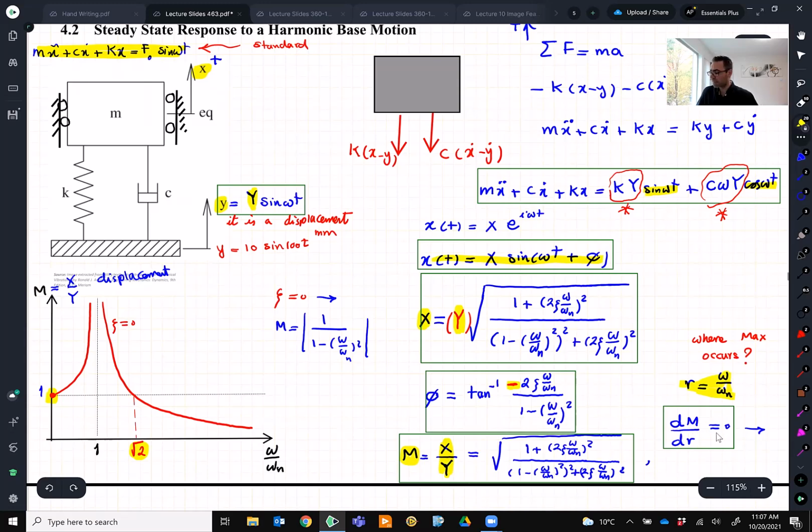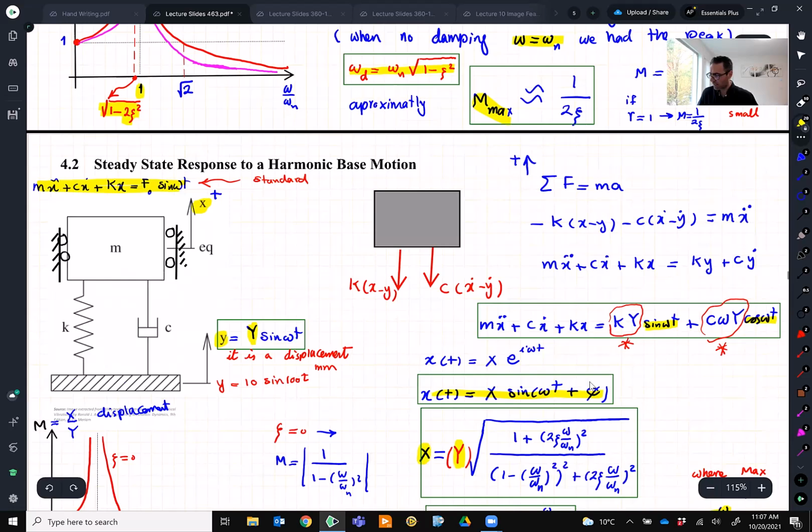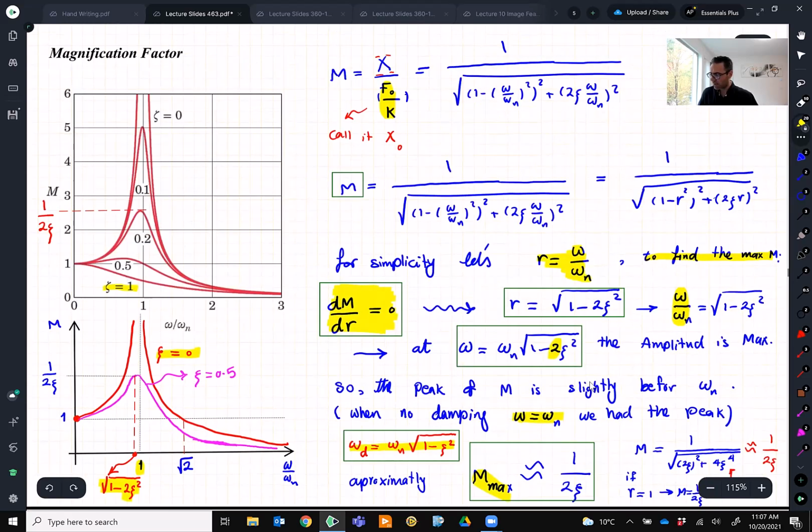So we take the derivative, set it to 0. We did it for the previous scenario, right? Over here. Again, to refresh your memory, we have a function M. We replace that omega over omega n with R. We take the derivative, we set it to 0, and we found that R equals this number, which has nothing to do with omega d.